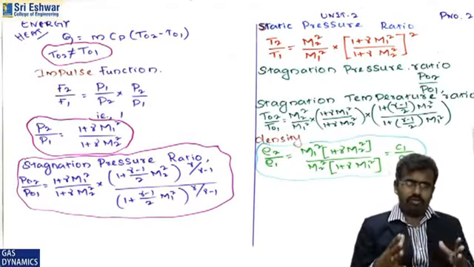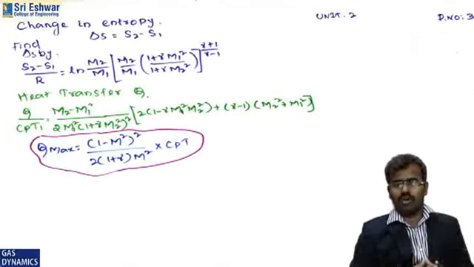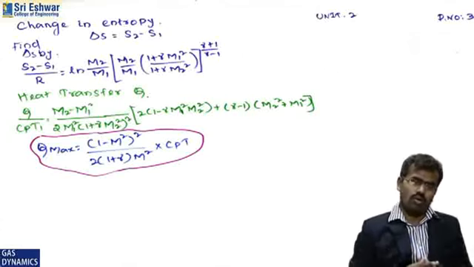We have one flow chart. This is the change in entropy, delta S. (S2 minus S1) by R is equal to ln of (M2 by M1) squared into [(1 plus gamma M1 square) by (1 plus gamma M2 square)] whole power of (gamma plus 1) by gamma.